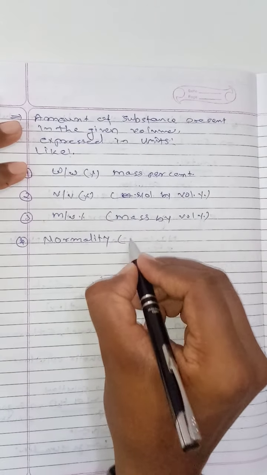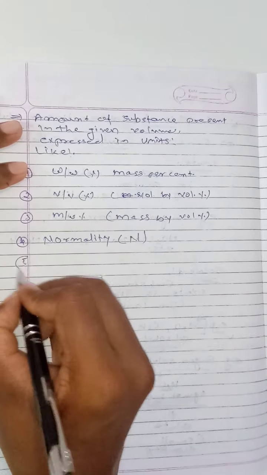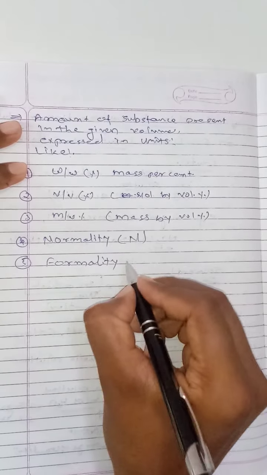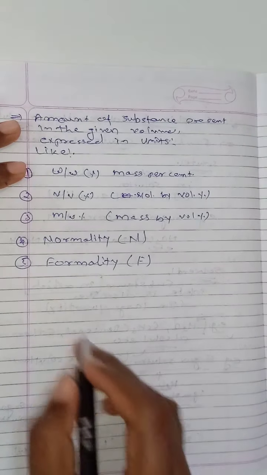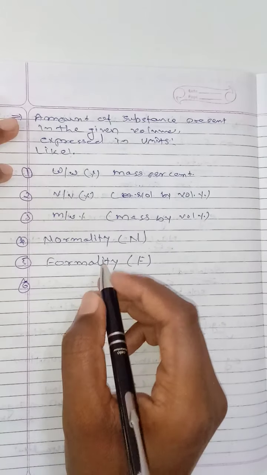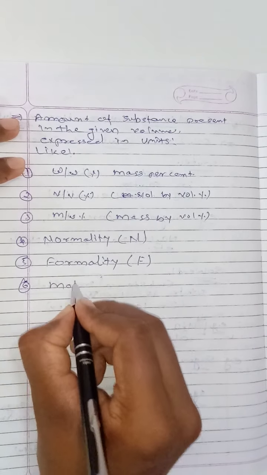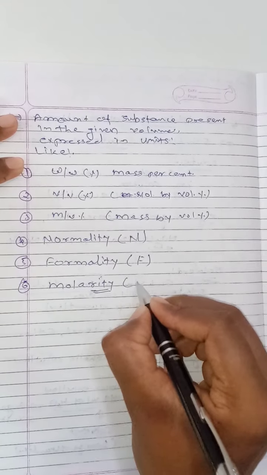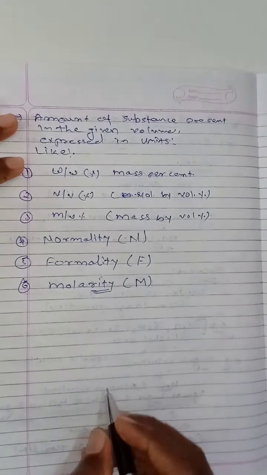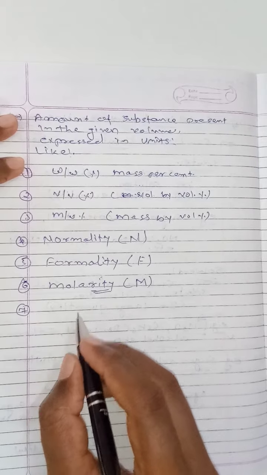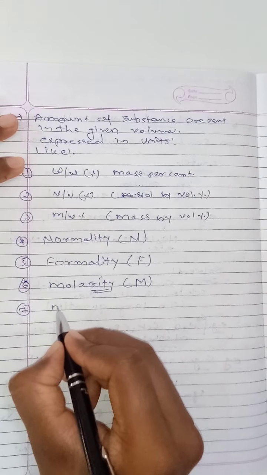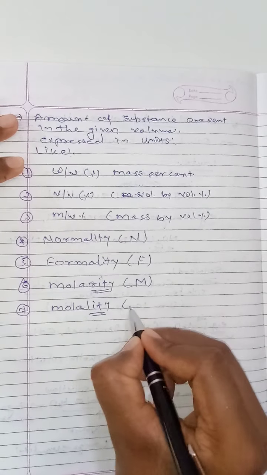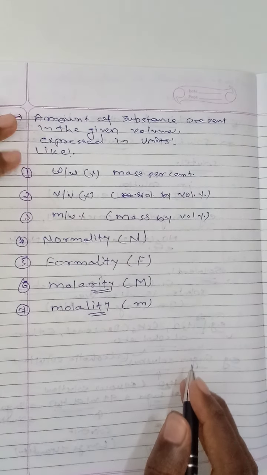Normality is denoted by capital N. Number 5, formality, expressed by capital F. Number 6, molarity, expressed by capital M. Number 7, it is similar to this word but the difference is molality, expressed by small m.